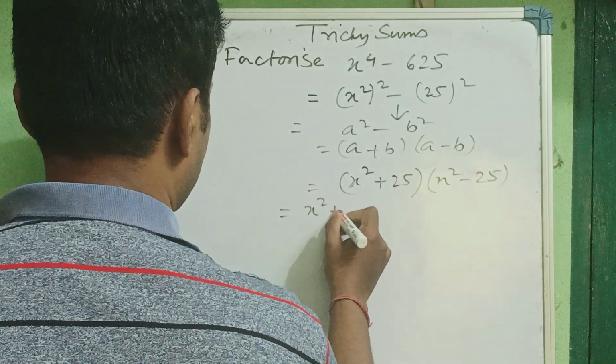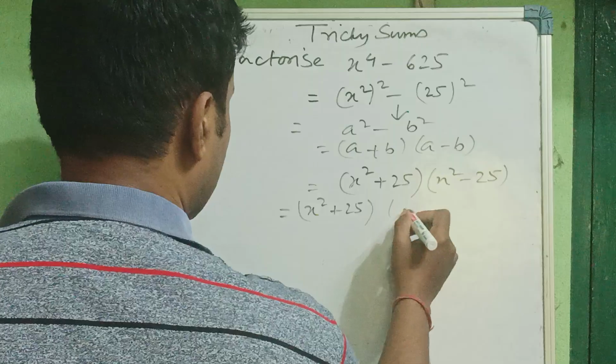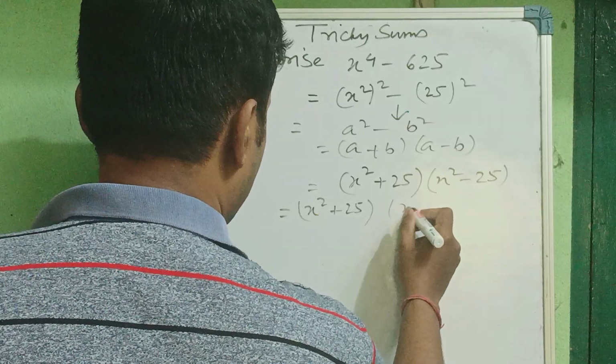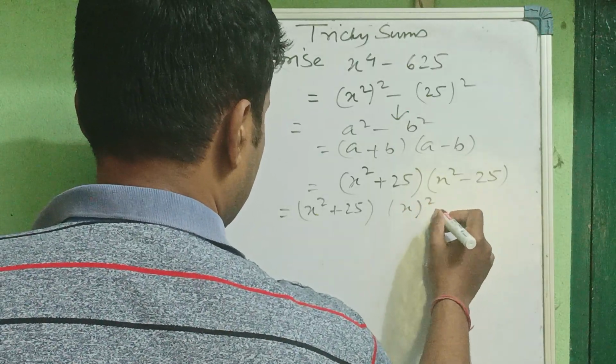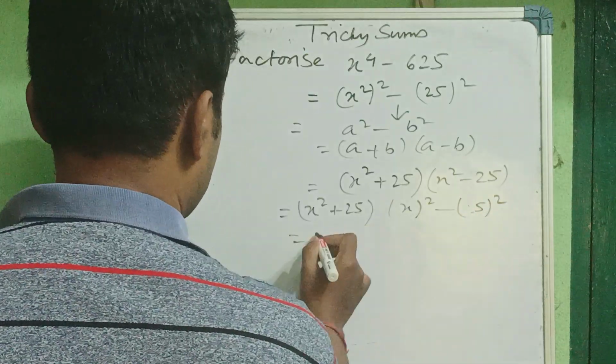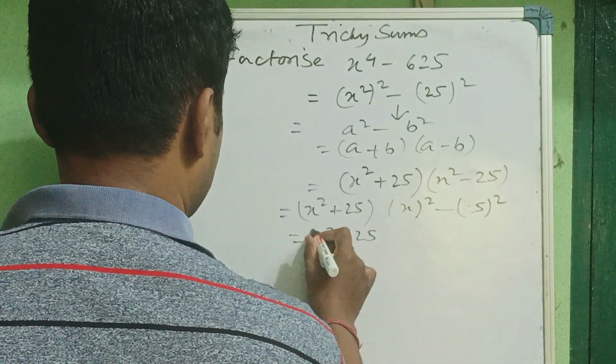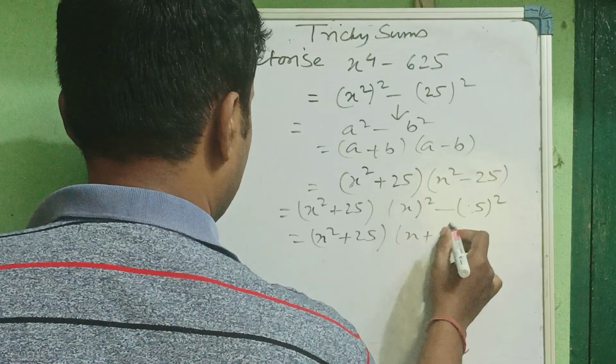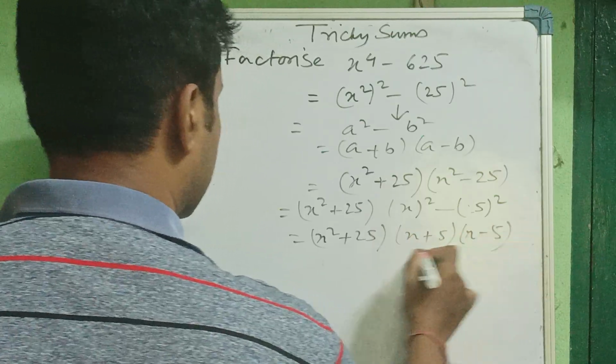Now x² plus 25 remains, and x² minus 25 again, the square root of x² is x and of 25 is 5, so we get (x plus 5)(x minus 5). This is my answer.